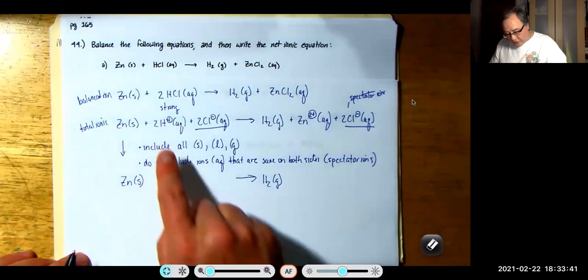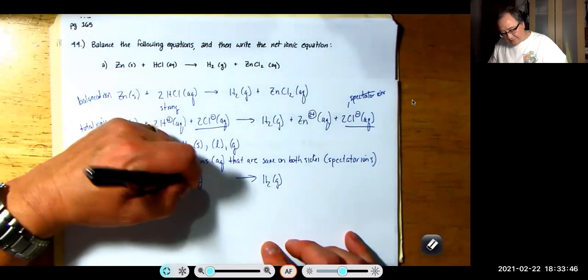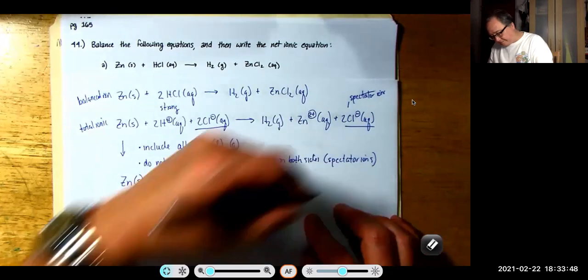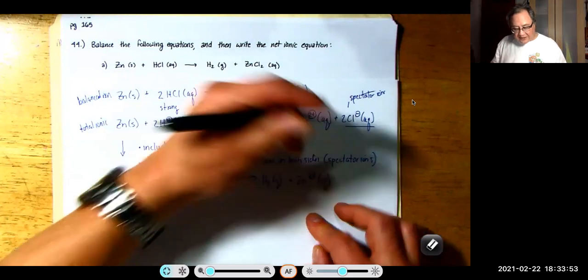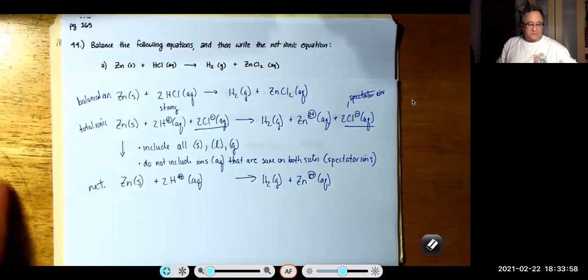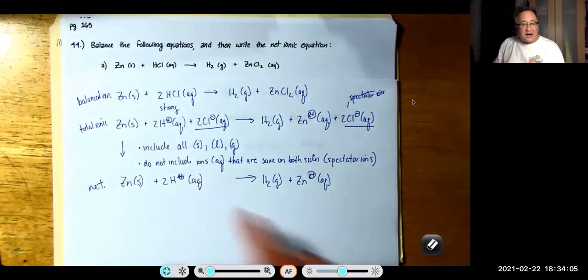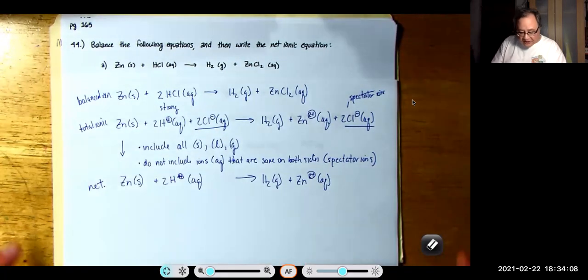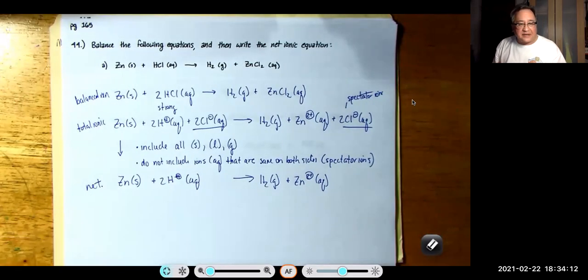So that means we have to include the 2 H pluses, and we have to include the zinc. And that's how you get your net. So get your balanced reaction, get the ions, bring down solids, liquids, and gases, and anything else that's not a spectator. That's all there is to it.